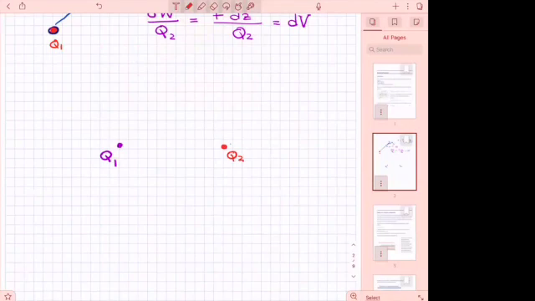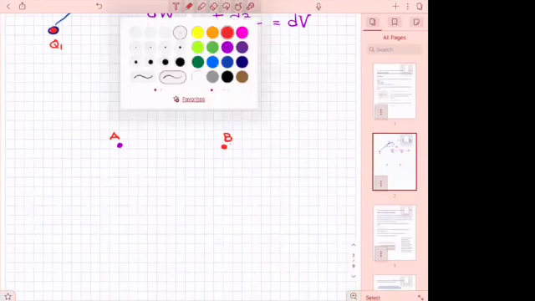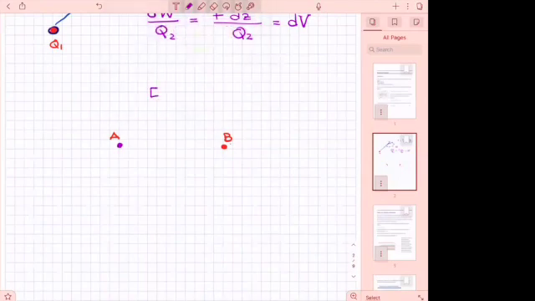So Q1 and Q2 have established an electric field among themselves. Let's assume now that this electric field applies, and I call this position A and this position B, and I remove the charges for a second, all right? But I do have these two positions, and I have an electric field. I just have removed the charges from the picture, and I have an electric field that is being created between these two charges. And for a second, let's assume that the one charge that I had here was positive, the other charge that I had here was negative.